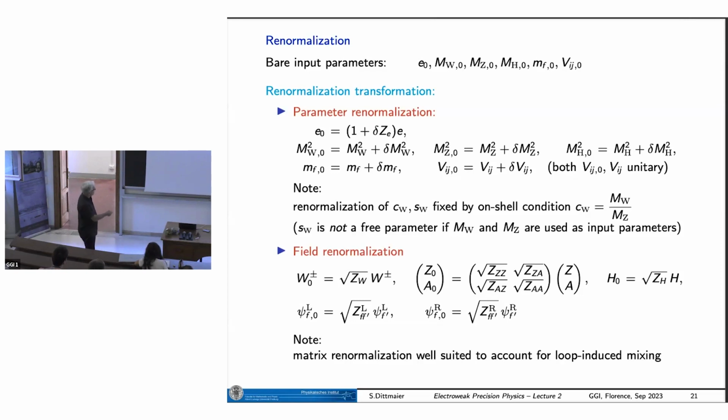And you remember that the Z and the A originally were introduced as linear combinations of the W0 and the B. So it is clear it's always about proper linear combinations, and as the normalization of fields is taking care of the fact that the normalization might change by switching on interactions, this matrix valued renormalization is taking care of the fact that this linear combination that brings you from a W and a B to a photon or a Z gets also a bit changed by corrections.